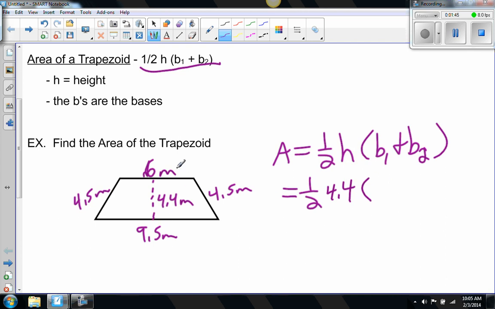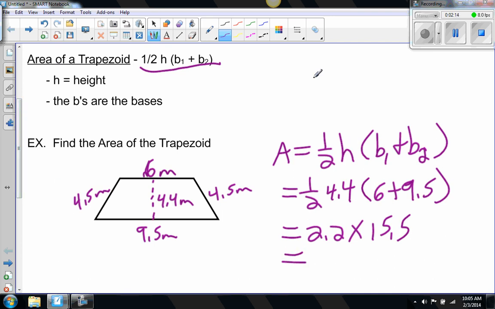My bases are here and here because they're parallel to each other. It doesn't really matter which one is base 1 and base 2. You're going to add them together anyway. B1 just means base 1, B2 base 2. So I could do 1/2 of 4.4, which is 2.2, and then I still have to multiply it times whatever this is when I add it, which would be 15.5.